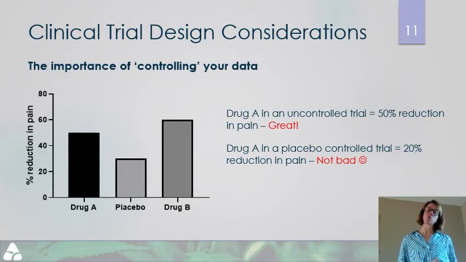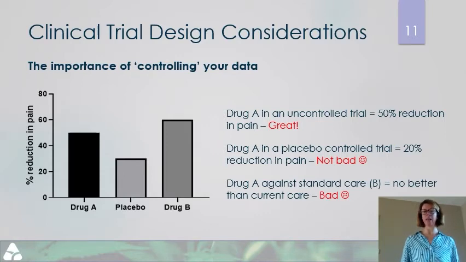What if you had compared it against another drug, a very effective analgesic, we'll call it drug B. And in your study, drug B came up with a 60% reduction in pain. Now, suddenly you've gone from thinking my drug is great to, no, my drug isn't great because it causes a 10% smaller reduction in pain than standard care.